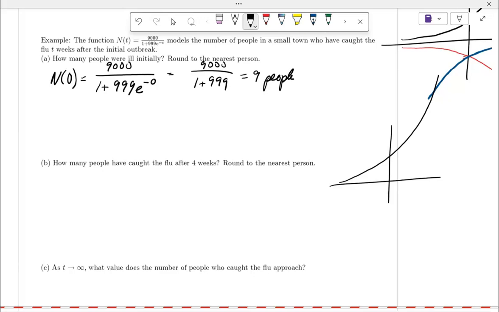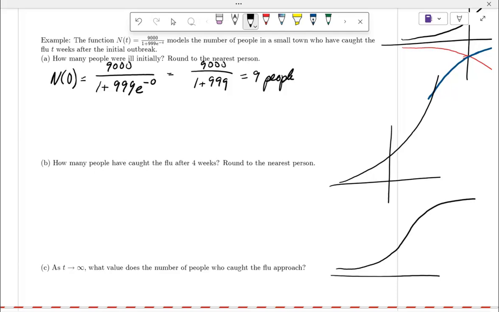Somehow we've got to make this thing go fast for a while, but then somehow level off, because you can't get more people sick than you have people in the population. So that's why we've got a different model, and I'll show you what a graph of this model looks like after we're done doing the problem.